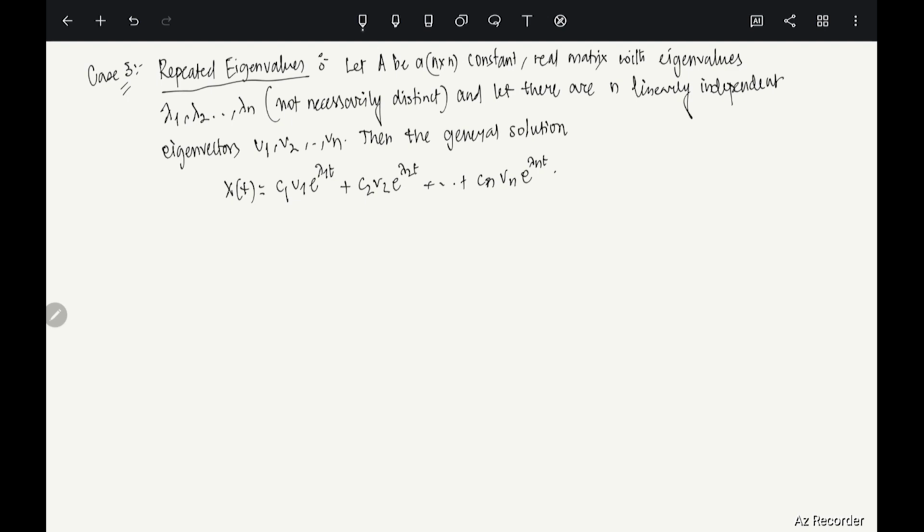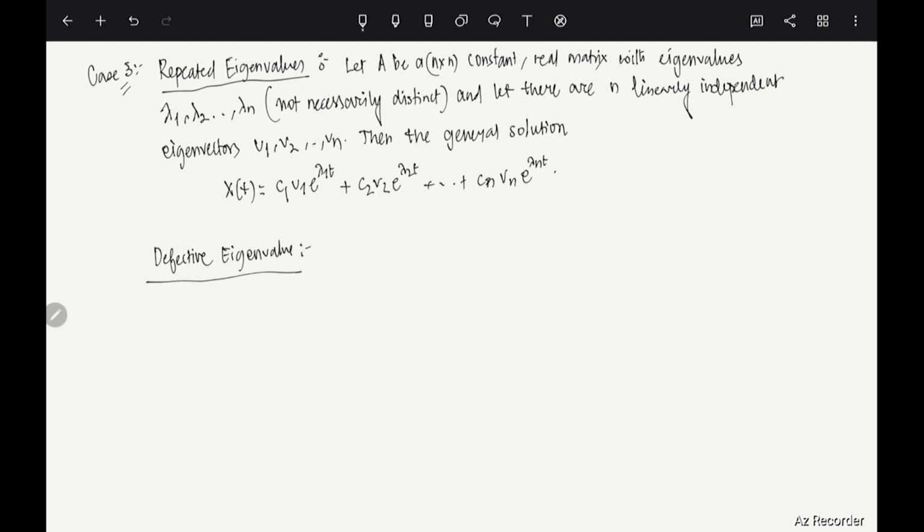The problem lies here. If there are not n linearly independent eigenvectors. So the problem is this: defective eigenvalue. What do I mean by defective eigenvalue?